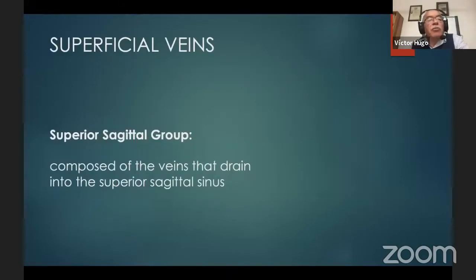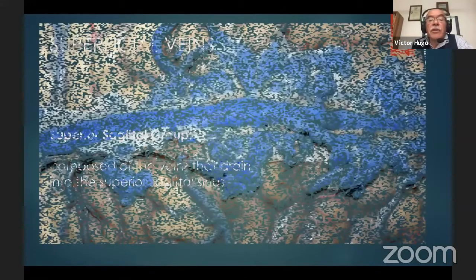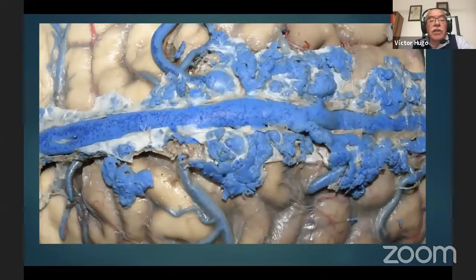So the superficial veins are distributed in four groups. The first group is the superior sagittal, and this is composed of the veins that drain into the superior sagittal sinus. This is another injection, another brain.